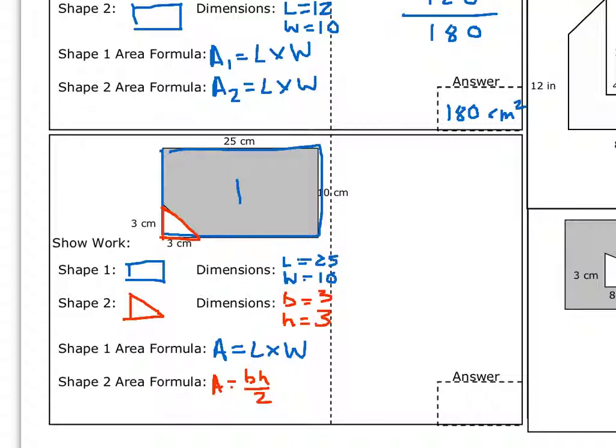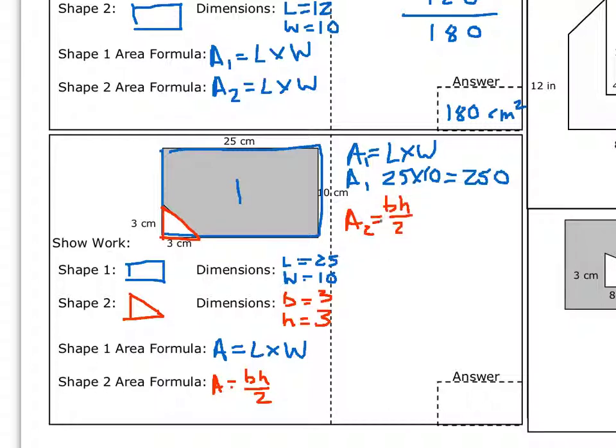So now let's find the area of my original cookie. Area equals length times width, which was 25 times 10. That's 250. Originally, I had 250 square centimeters of cookie, but somebody came along with their cookie cutter and took out base times height divided by 2.